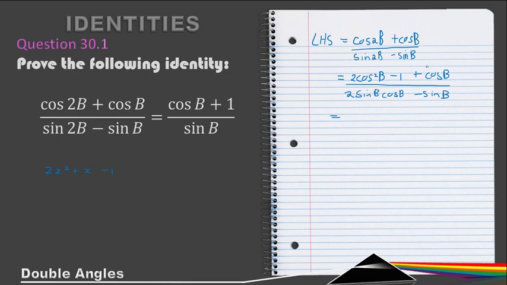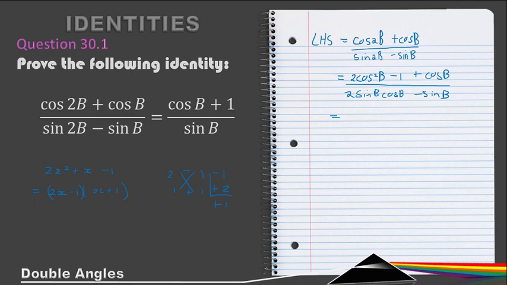We have just swapped these two terms around, and I factorize that. I've got 2 and 1 here and 1 and 1 here, and I want to get plus 1, so 1 times 1 is 1, 2 times 1 is 2. To get plus 1, I say plus 2 minus 1, so a plus goes over here and a minus there. So this then is 2x minus 1 and x plus 1.